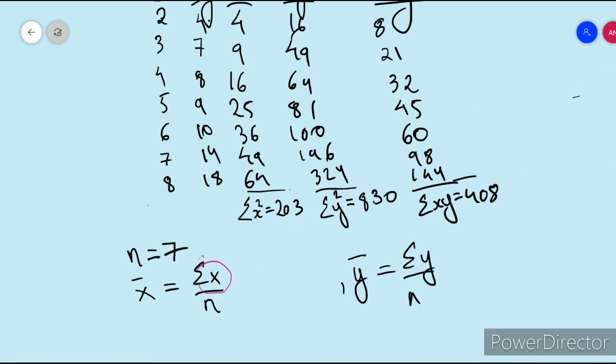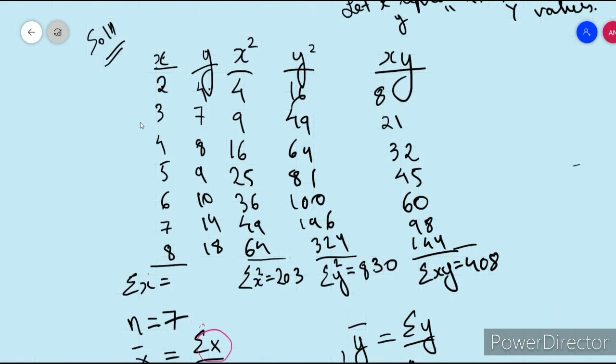To find this we simply add all of these x values together, 2, 3, 4, 5, 6, 7, 8, and this gives us a total of 35. And your y values, add them all up together, this gives us a total of 70.